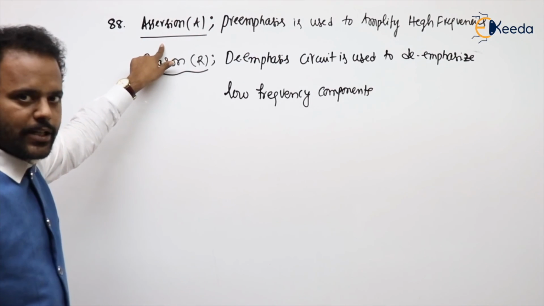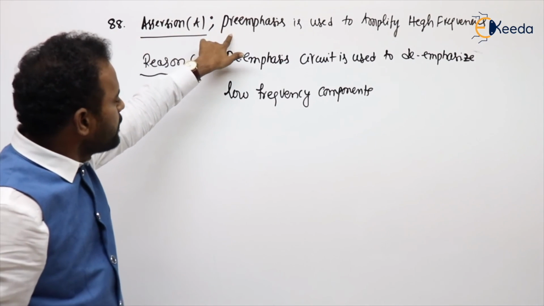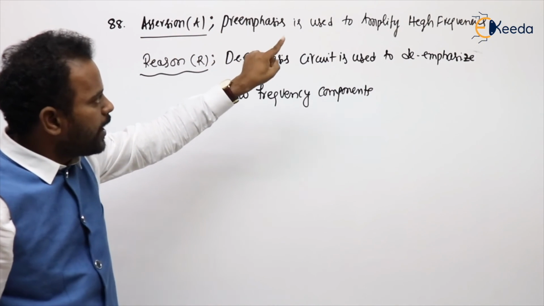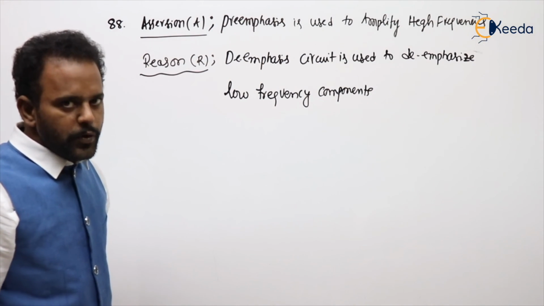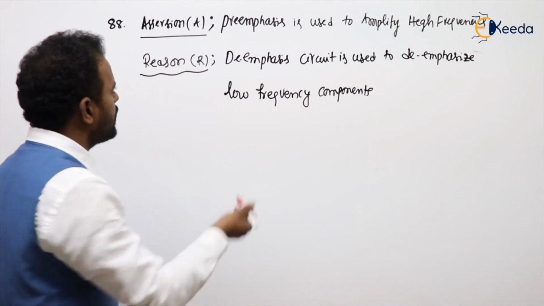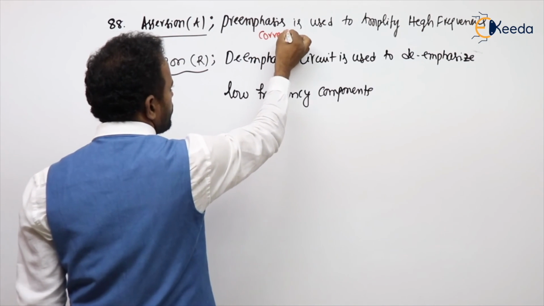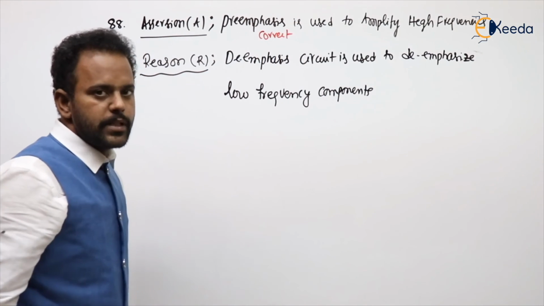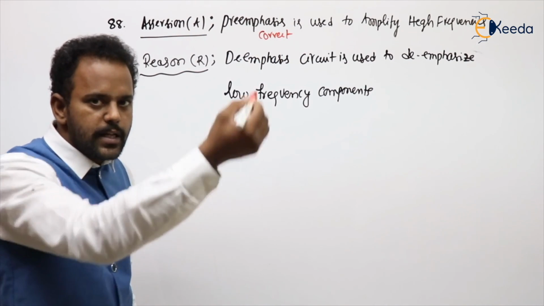See the next problem. It is an assertion-reason type of question. The assertion given is: pre-emphasis is used to amplify high frequencies. After f1, to improve the signal to noise ratio, we artificially boost. That itself is called pre-emphasis. So the assertion is correct. And de-emphasis? De-emphasis we also use for the same high frequencies, to decrease them in the same proportion.